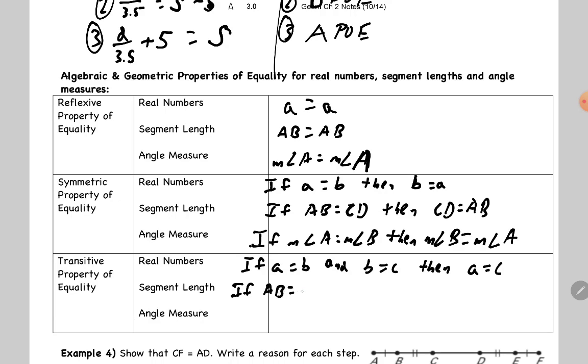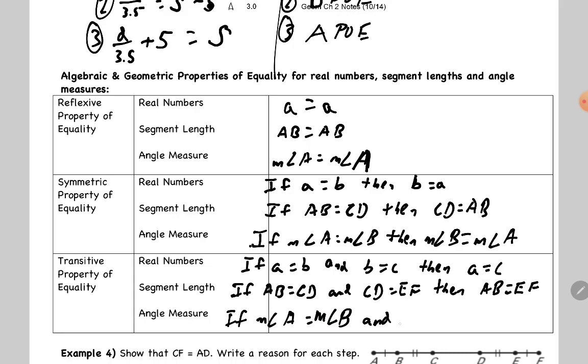If the length of AB is equal to the length of CD, and CD is equal to the length of EF, then AB is equal to EF. And then lastly, if the measure of angle A is equal to the measure of angle B, and the measure of angle B is equal to the measure of angle C, then measure of angle A equals measure of angle C.